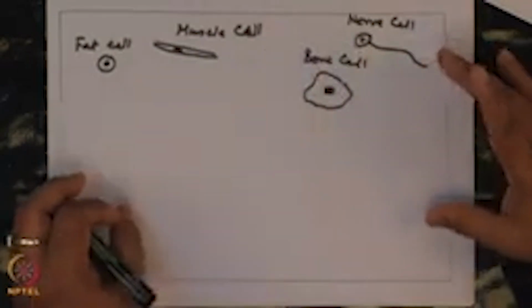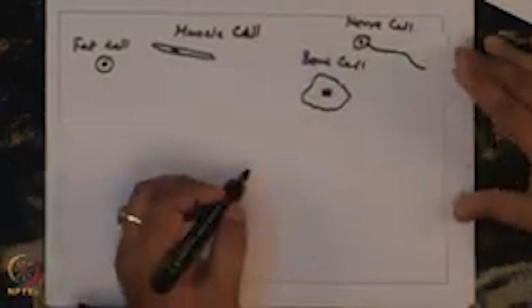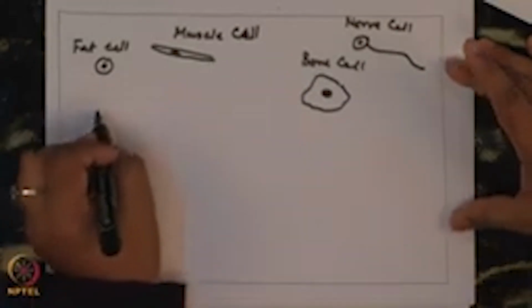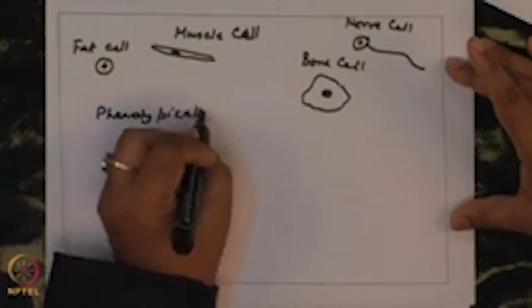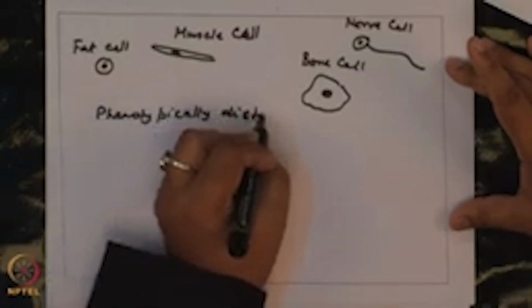So, what you see is that these cells have distinct phenotypes. They are phenotypically distinct.